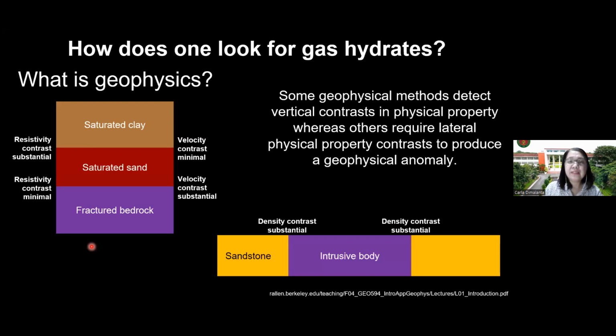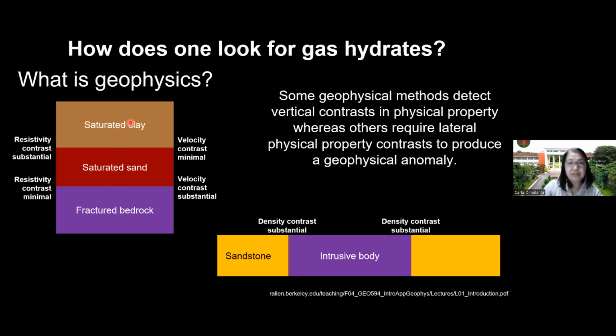So as I said, the equipment that we have allow us to measure or detect variations in physical properties. We need to be able to detect contrasts in physical property, and these contrasts, when we interpret them and correlate them with the geology of the area, will give us clues on the features and the deposits that we are looking for. Some geophysical methods are only able to detect vertical contrast.